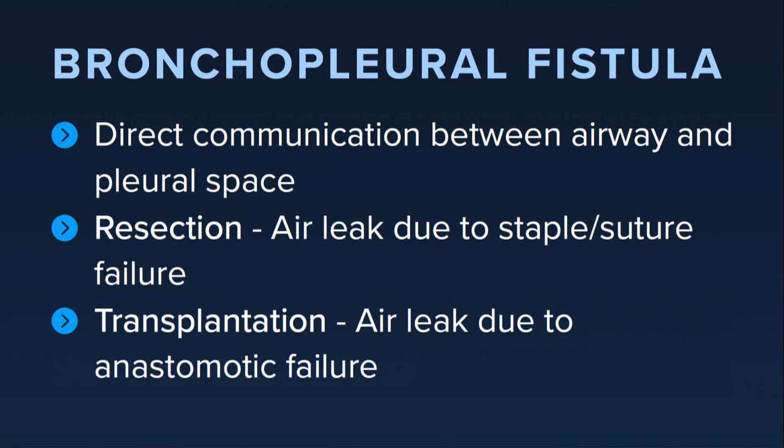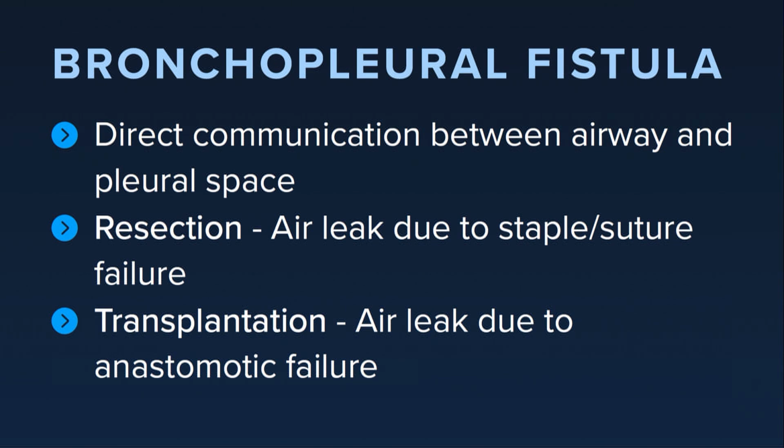And an air leak can develop due to failure of the staple or suture line. And we can see BP fistulas occur even with VATS and wedge resections, or with lobectomies, or with pneumonectomies, although in that case they don't really have a pleural space anymore, but it can still result in similar findings.